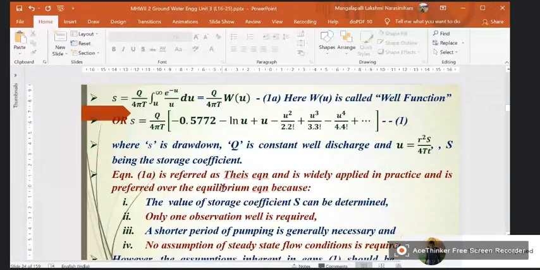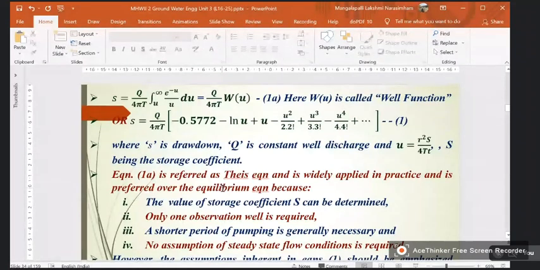For example, if we have a pumping well and start pumping from the well at a constant rate Q, and if we know the value of T, we can use the measured value of drawdown and find the storage coefficient S. We can also find the transmissivity.